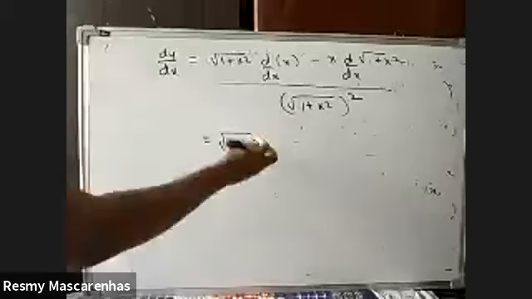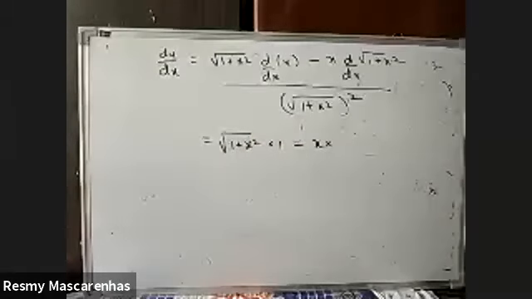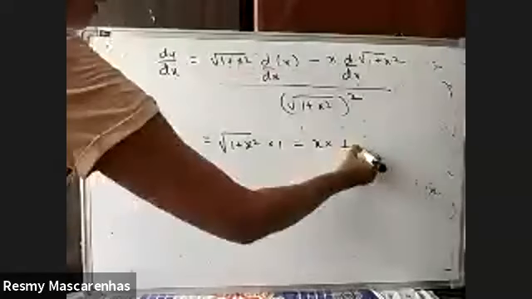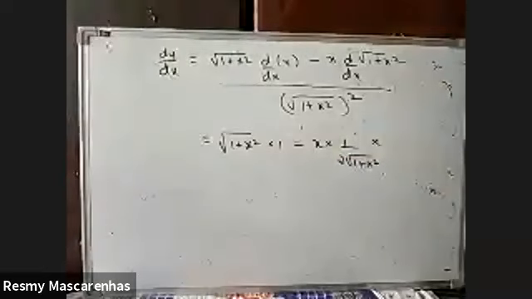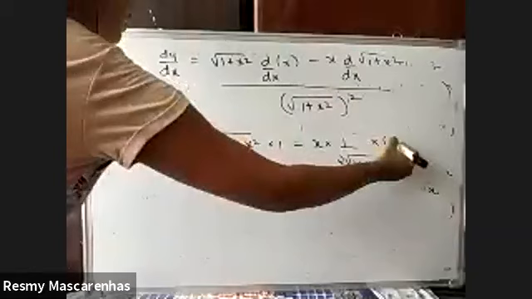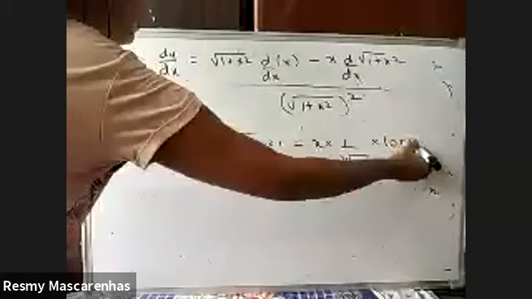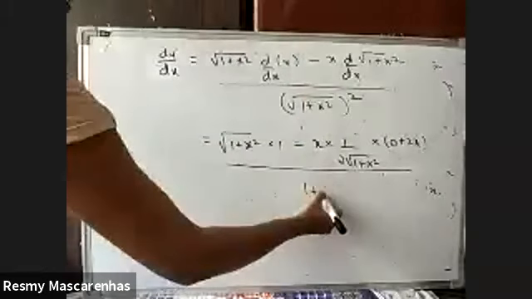So what is the derivative of x? That will be 1. Now the derivative of root something is 1 upon 2 root into the derivative of what is inside the bracket, upon v square, and the square and root will cancel.